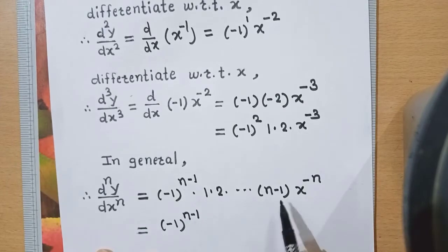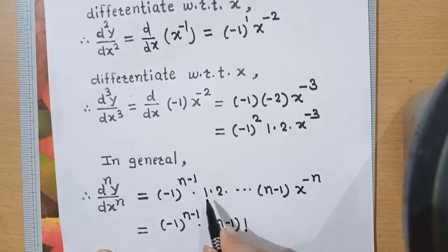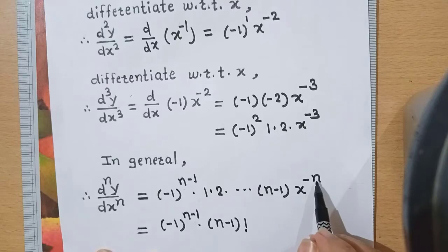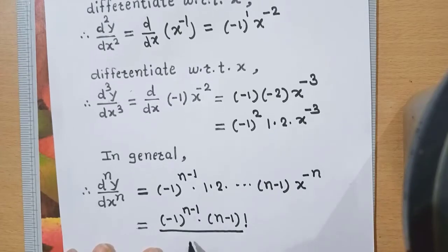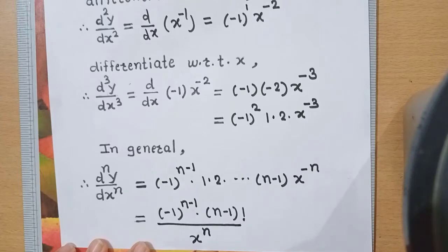Now this means (n minus 1) factorial, because these are numbers multiplied up to 1, and this x raised to minus n we will write as a positive index. So in the denominator x raised to n. This is the nth order derivative of the given example.